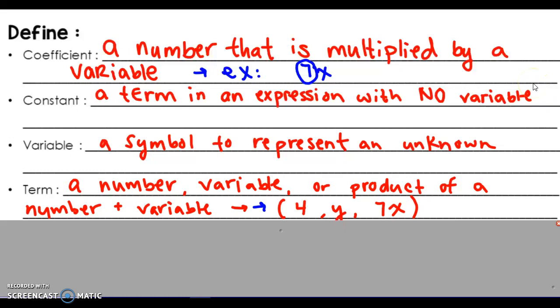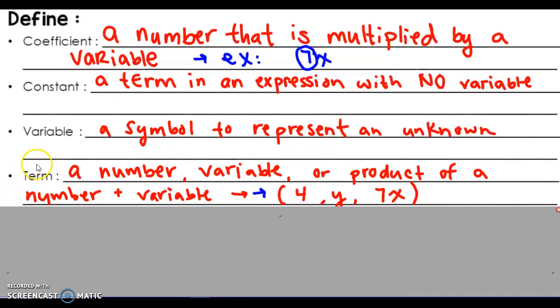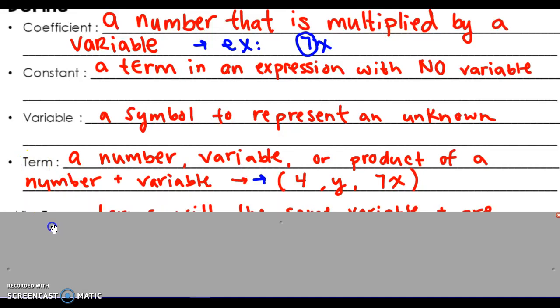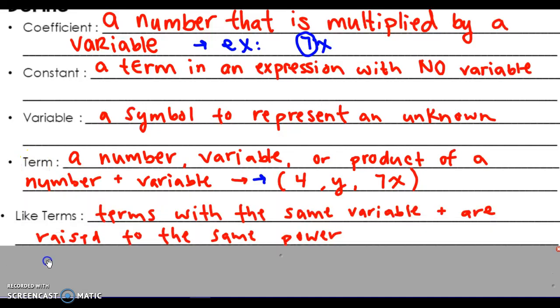So then up at the top of the page, again, today we're combining like terms. And so in order for us to be able to combine like terms, we need to know what makes terms like. Because we just defined what terms are and how we see them, but how do we know if the terms are like? And simply we know that if they have the same variable attached to them, or lack thereof, maybe they're just whole numbers, those would be a like term as well that you're able to combine, or those variables have to be raised to the same power.